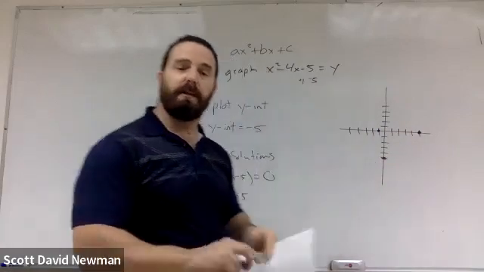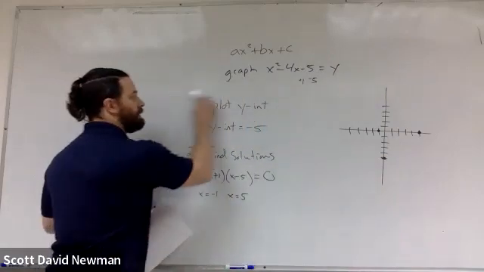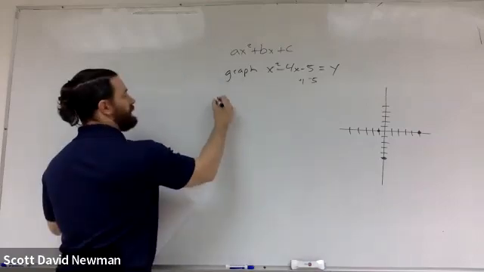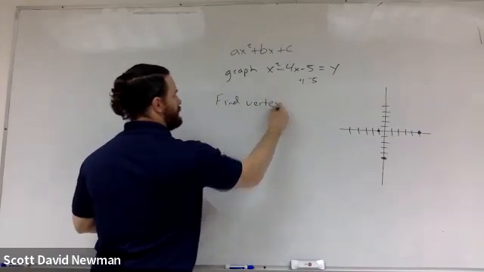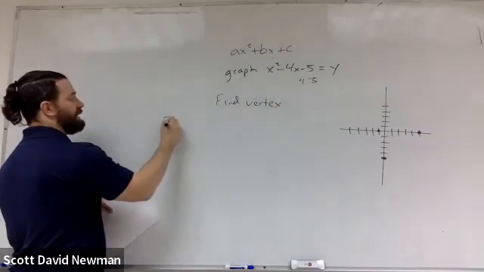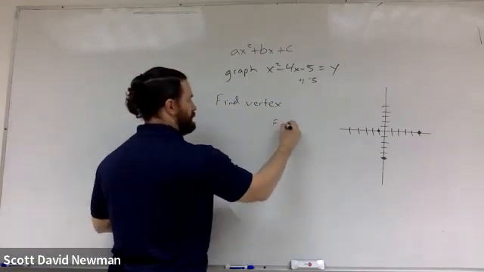Now we need to find the vertex. So the third step, let me go ahead and erase this stuff here. Find the vertex. Vertex we find in 2 steps. We're going to first find the x, and then we're going to find the y.